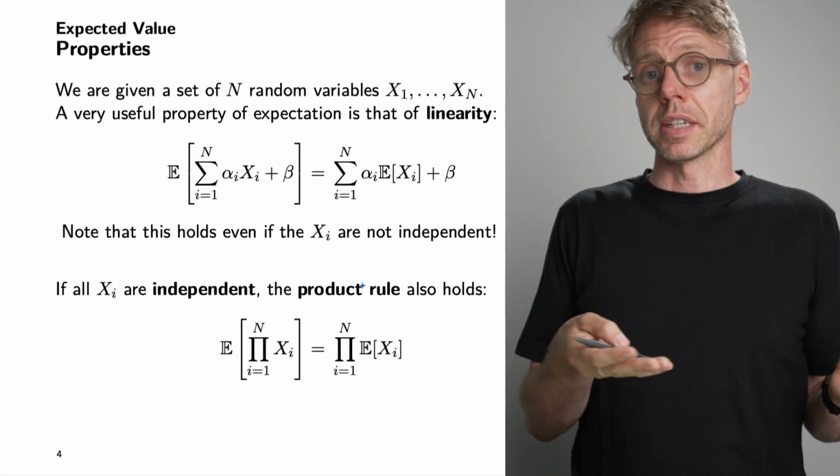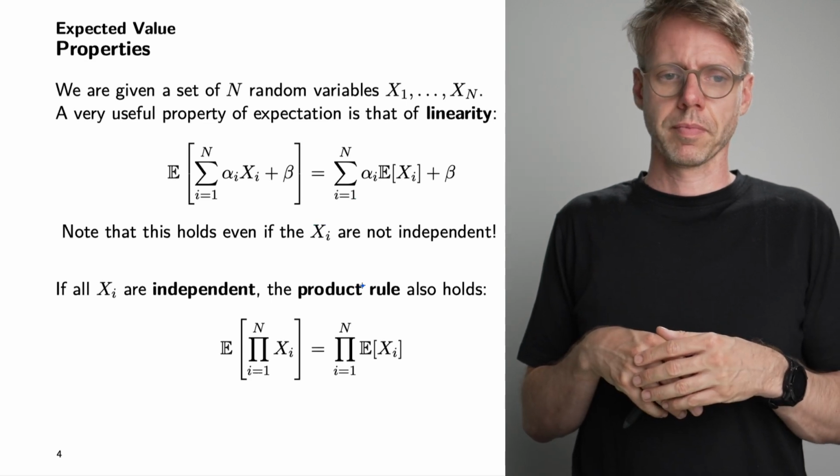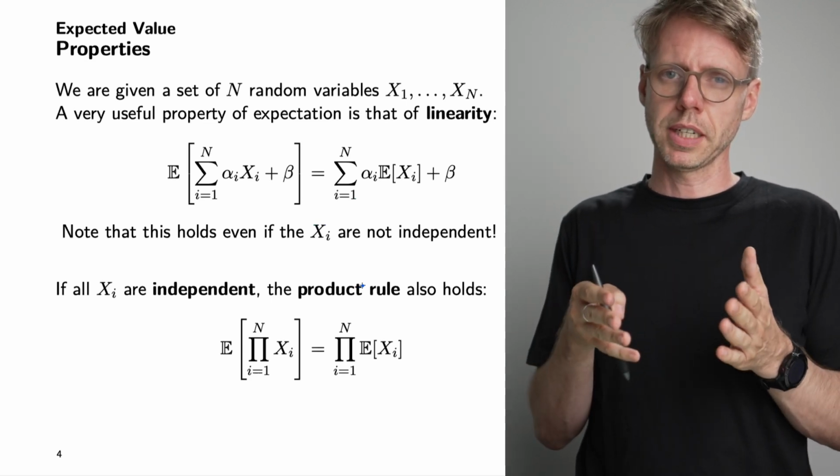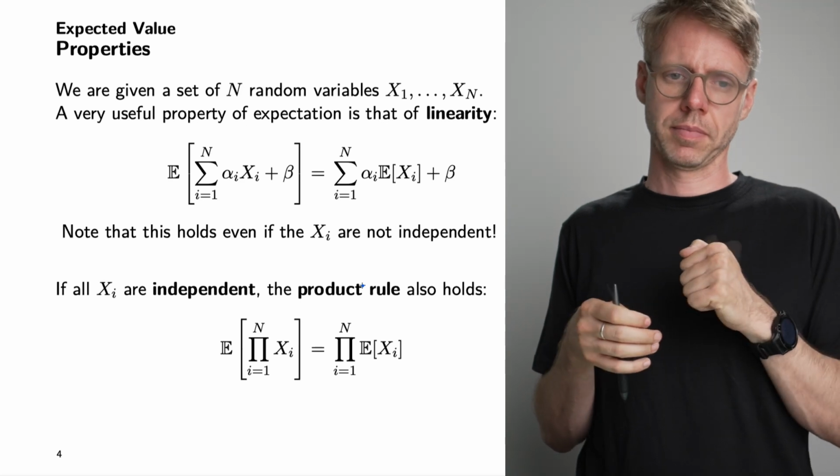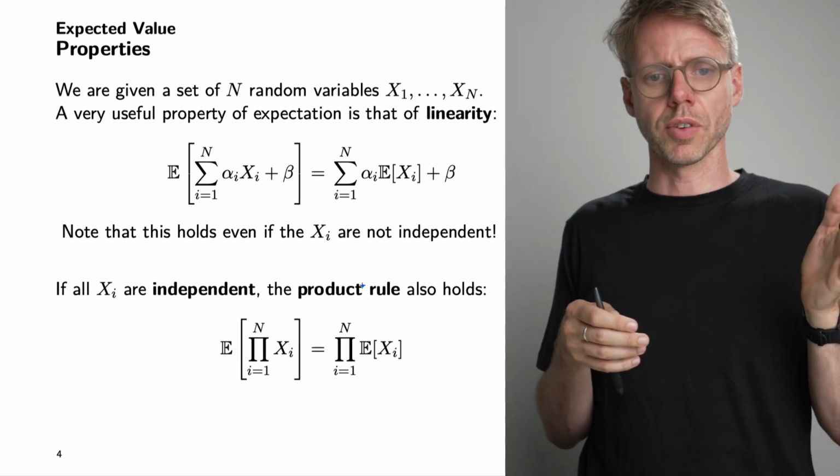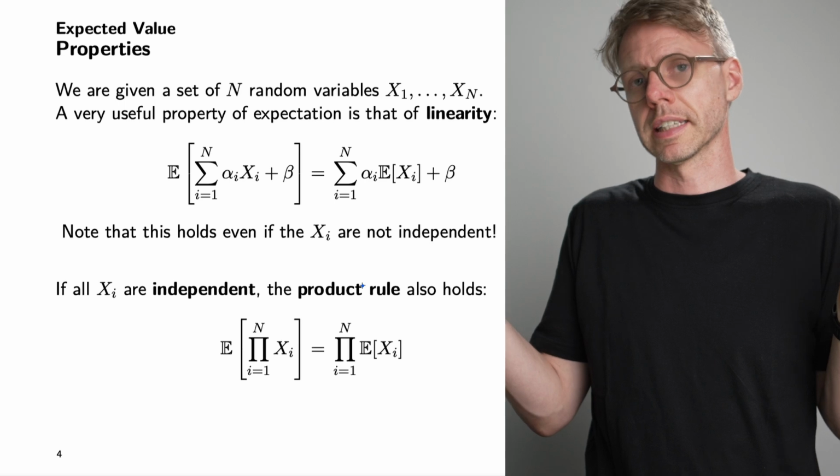Let's look at some properties of this expected value. The first property that we look at is linearity. Say we are given a series of random variables x1 through xn.